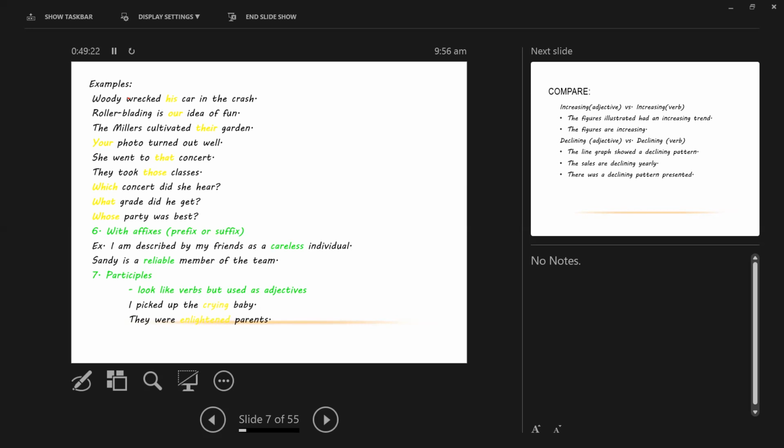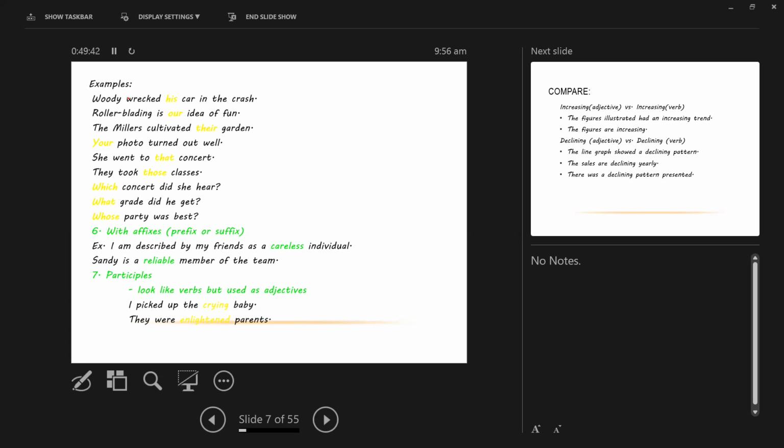Rollerblading is our idea of fun. The pronoun used is our. The word it modifies is idea. It also is kind of possessive.